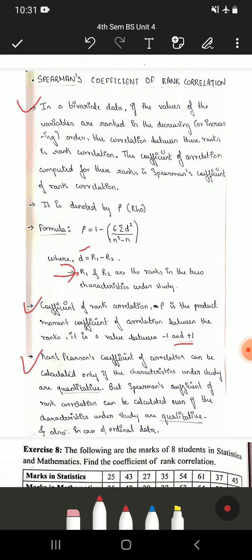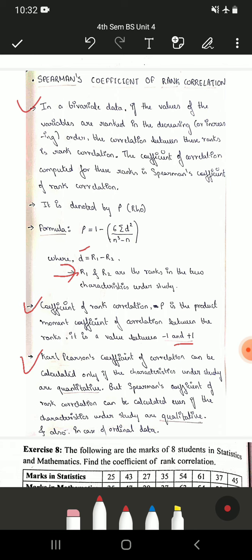Karl Pearson's coefficient of correlation can be calculated only for quantitative data, that is data which has only numerical values. But Spearman's coefficient of rank correlation can be calculated even for qualitative data. For example, you can calculate the coefficient of correlation for data such as intelligence, skin colors of two persons, or IQ of two students.